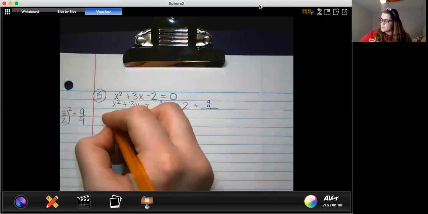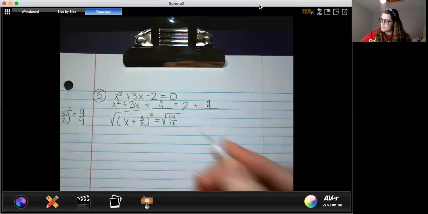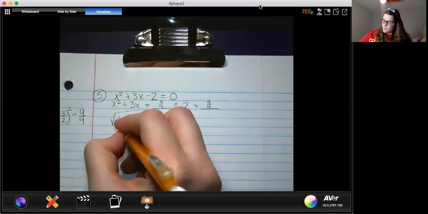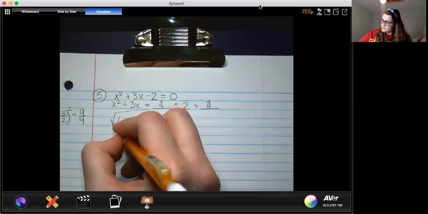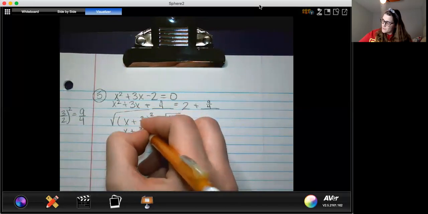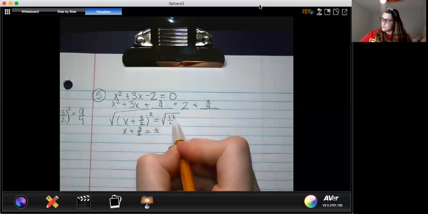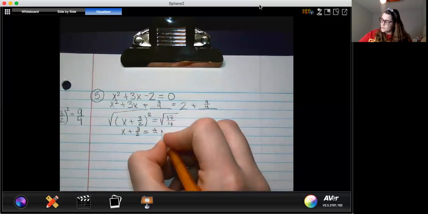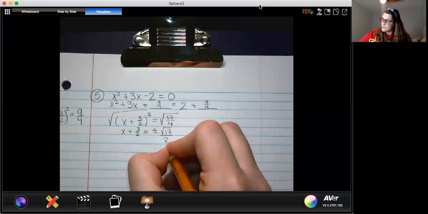Now we're going to take the square root of both sides. So I get x plus 3/2 equals plus or minus, and remember, we've got to simplify, the square root of 17 divided by 2.